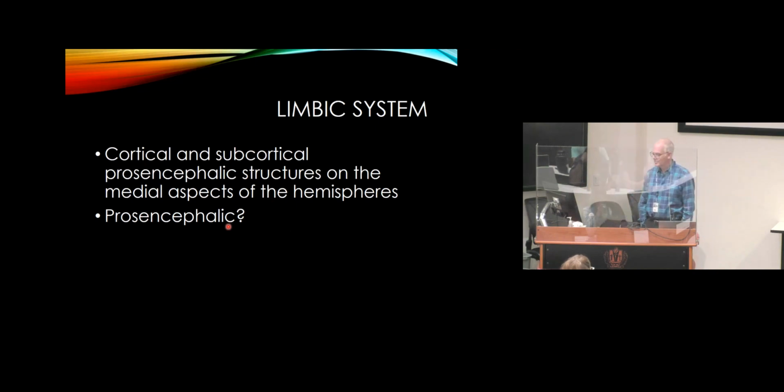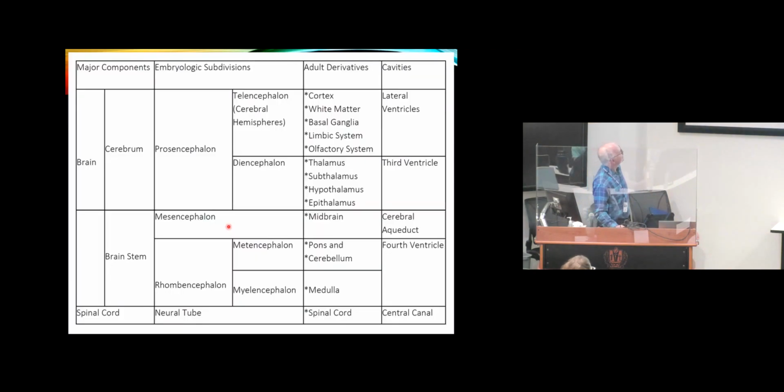That's a lot, so let's remind you, what is prosencephalic? It's telencephalic structures, everything we've been talking about so far, and diencephalic structures. So we're going to point out parts of the limbic system that are here and also diencephalic.